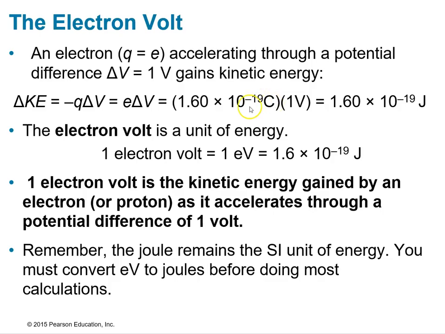So it's a small unit of energy. Sometimes you'll see energy in electron volts, and then when you go to put it into an equation, you're going to need to convert it into joules. But remember that an electron volt is not a unit of potential, it is a unit of energy.